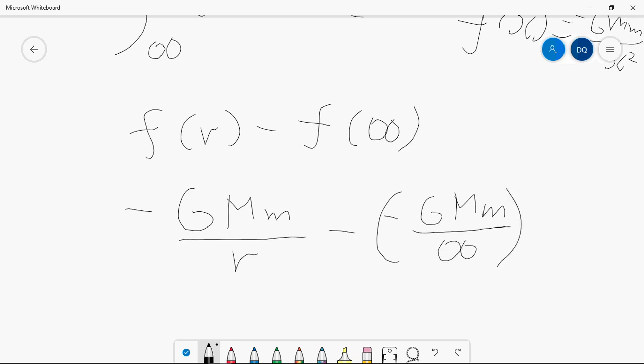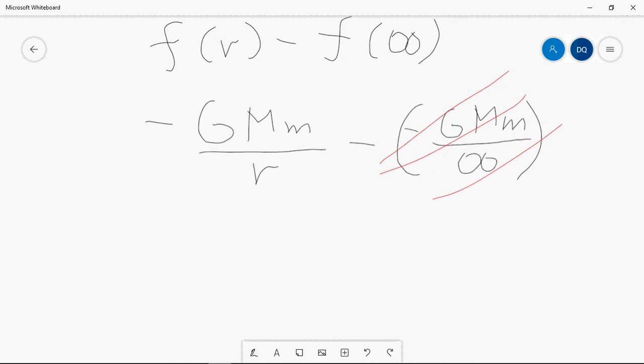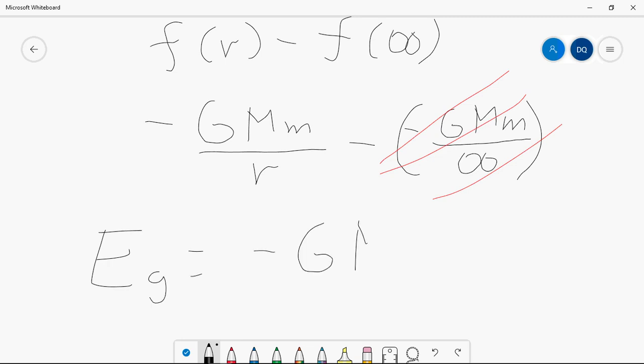And when you divide by infinity, you get 0. So that just disappears. And what we're left with is the area under the curve, and therefore the amount of work, and therefore the gravitational potential energy due to gravity is negative G M m over r.